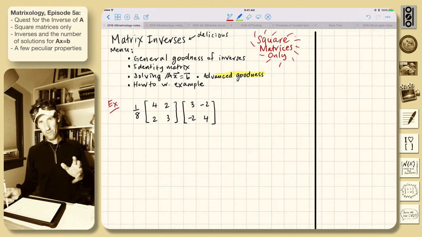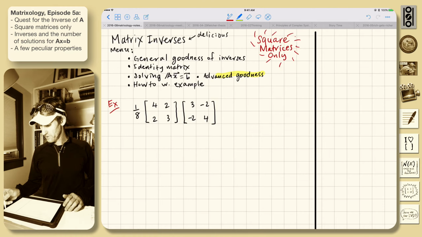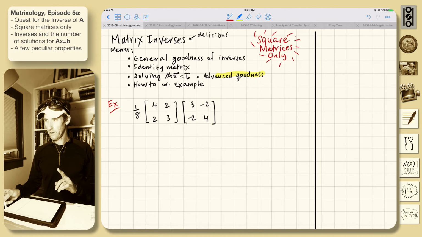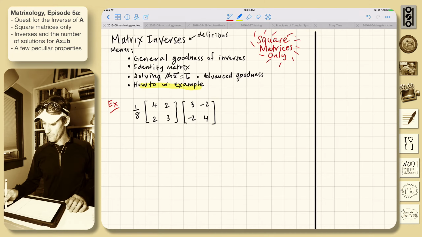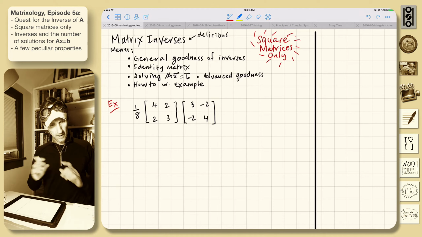I have to forewarn you that we will not do this for large matrices, but it's very important theoretically and for small matrices as well: 2x2s, 3x3s. And in the next piece, I'll give you a how-to.